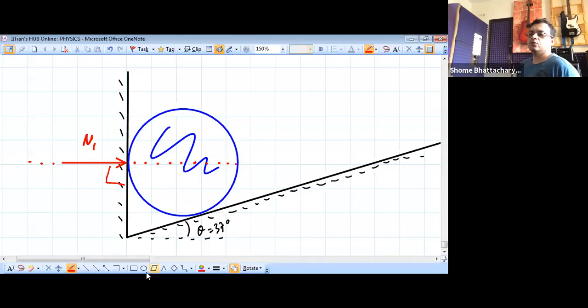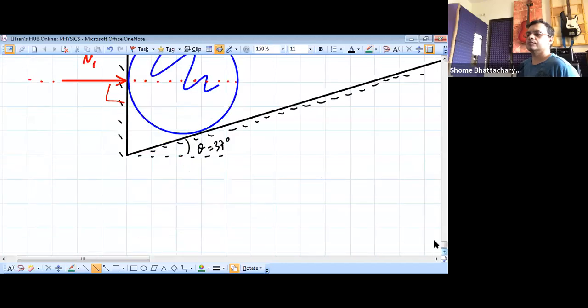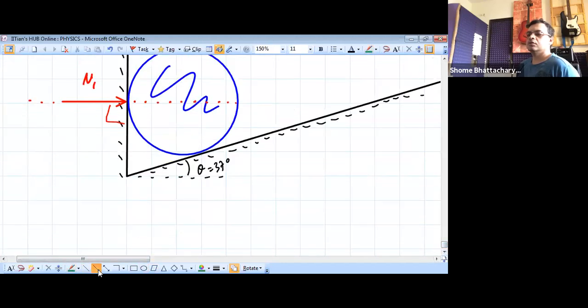Now similarly, the other one is the floor over here. So the floor has to apply a normal reaction at this point, which will have to act perpendicular to this floor. Right? So it has to act along this line. So the floor will have to apply a normal reaction. We'll come back to the angle and all that. At this point it will act perpendicularly, like this.